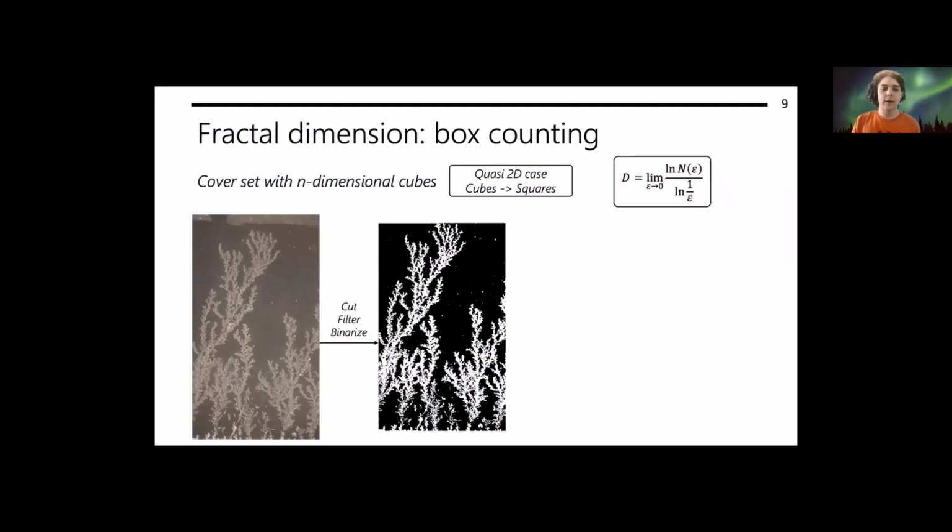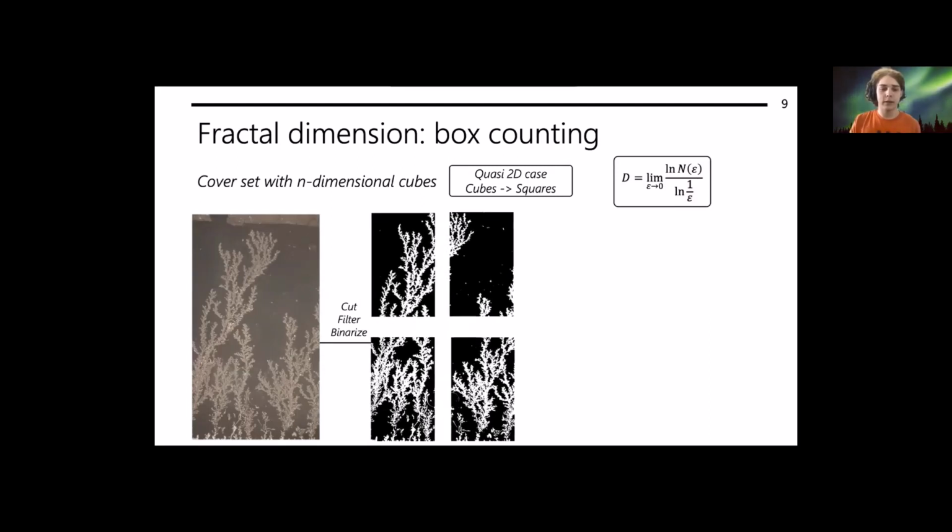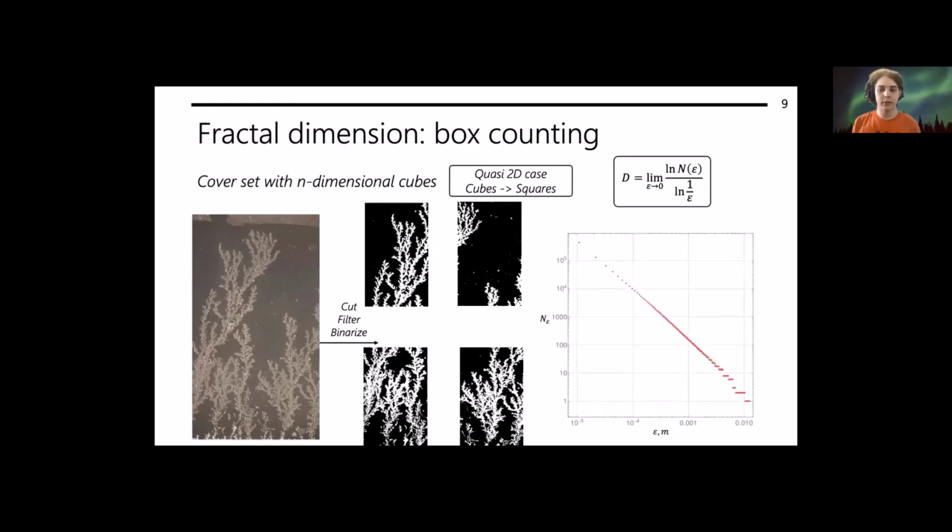What is this? If we take a binary image of our dendrite, we can apply the fractal dimension definition by Minkowski, which is a limit of the number of cells covering our set to the inverse size of this cell.